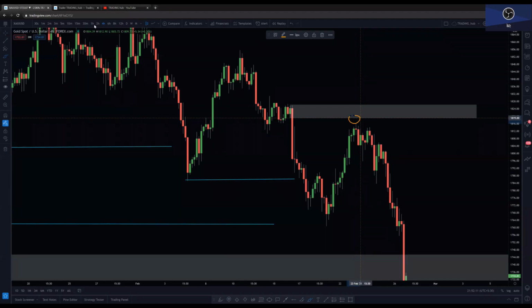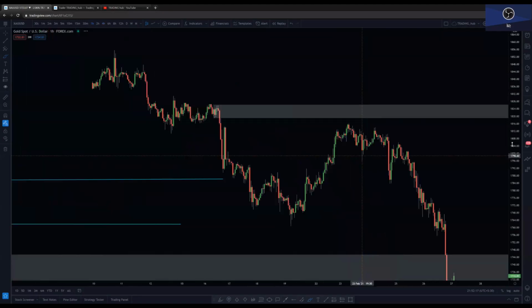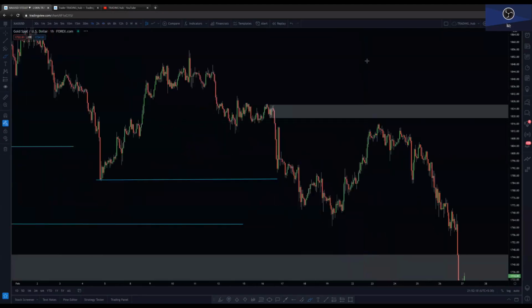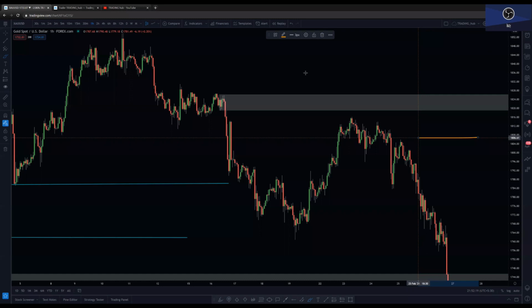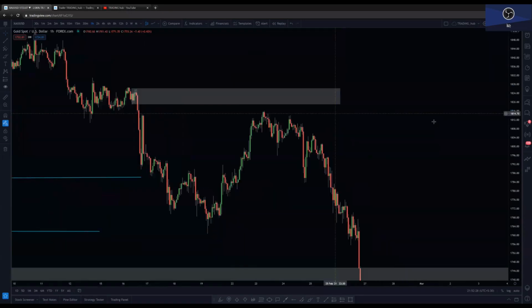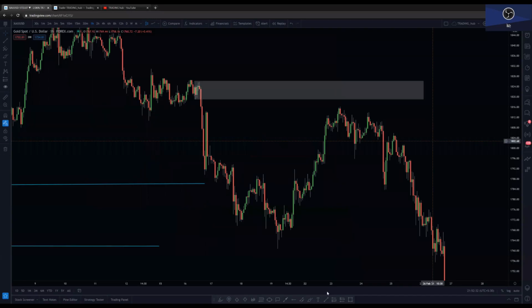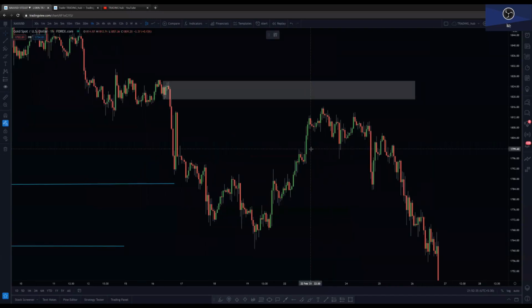Now move on to the 1 hour time frame to take this entry. When the market comes back to our price of interest zone, order block, or imbalance zone, you need to wait for confirmation in a more lower time frame. As I told you, when the market is bullish in a higher time frame, then move to the lower time frame to take entry for reversal and continuation also.